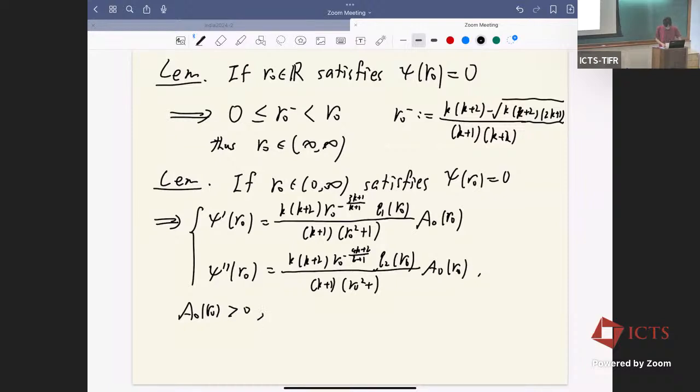And also Q1R and Q2R are polynomials of degree 4. So it's quite long, so I don't write down explicitly, but anyway, degree 4 polynomials.